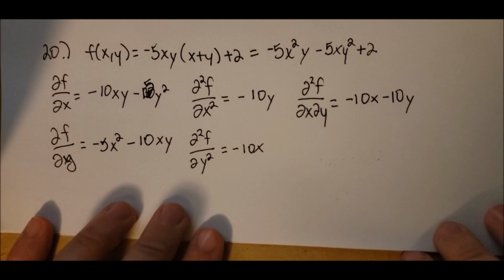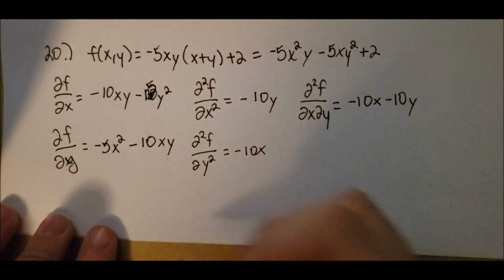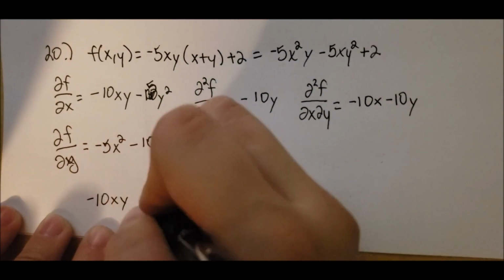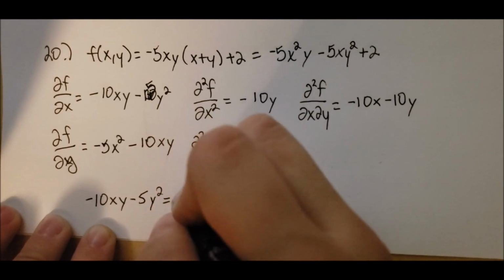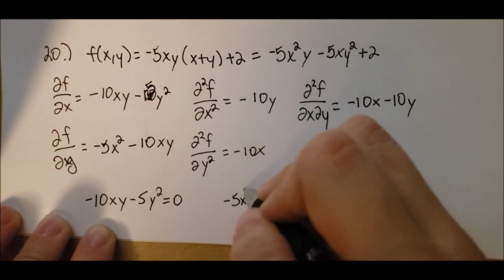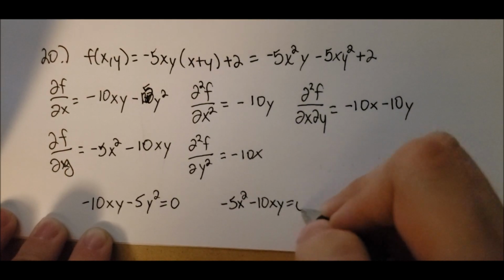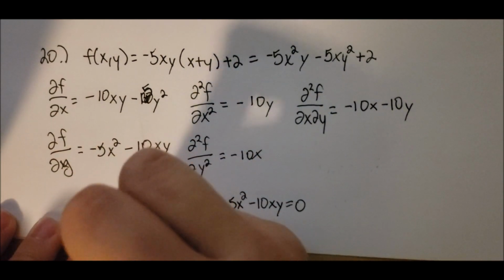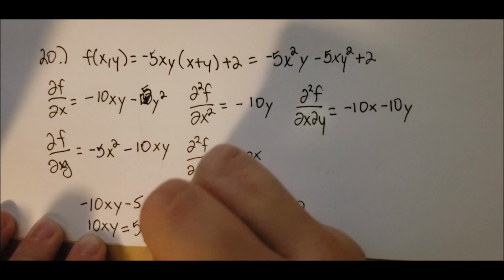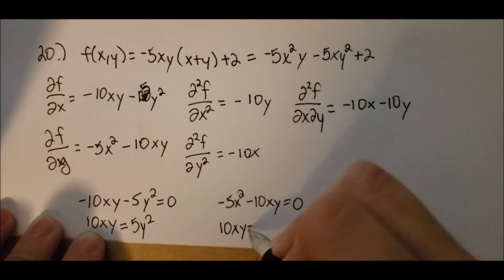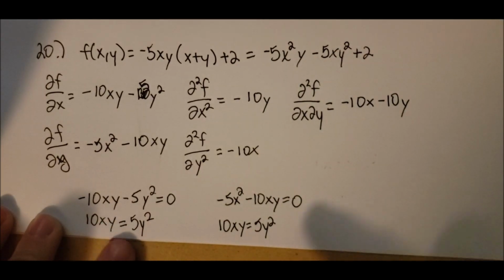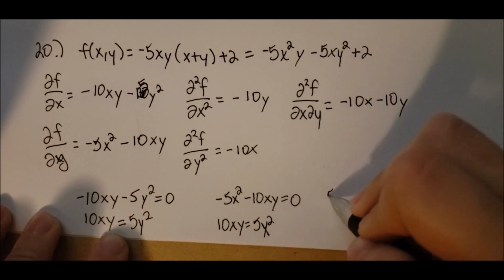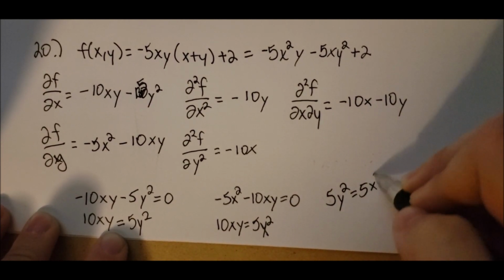Okay, so now I need to find a critical value. So I'm going to look at when the first derivative is equal to 0. So 10xy, that means that 5y squared is equal to 5x squared.